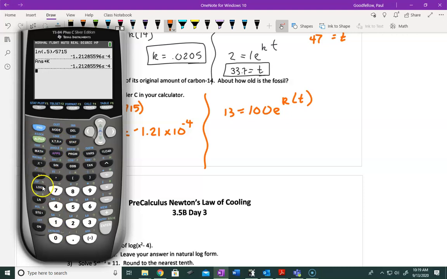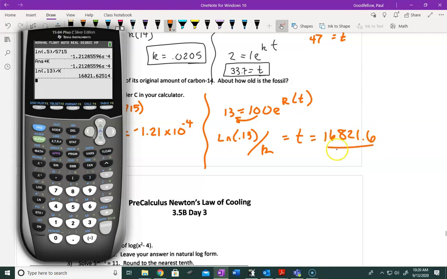We'll say here the divide, and we'll get the ln of 0.13 divided by k is going to end up giving me time, and the ln of 0.13 divided by alpha k ends up turning out that this sample is 16,821.6 years old.